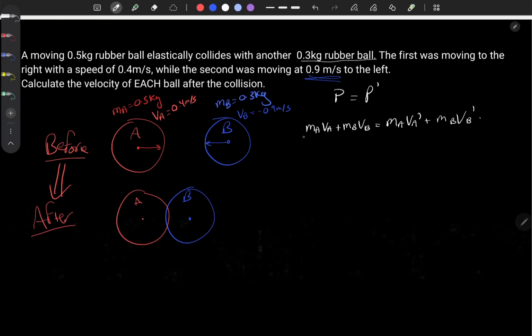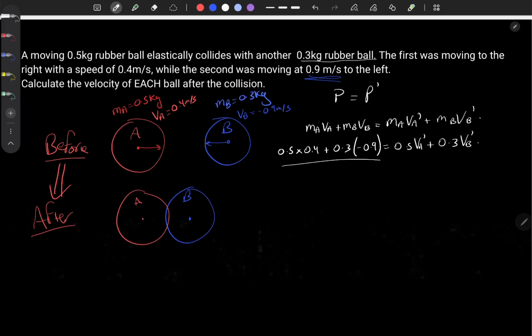So we're going to say MA is equal to 0.5 times VA, which is 0.4, plus MB, which is 0.3, times VB, which is negative 0.9. All of this is equal to MA, which is 0.5, times VA prime, which is not known to us. So we're going to keep it as VA prime, plus MB, which is 0.3, times VB prime, which is unknown to us as well.